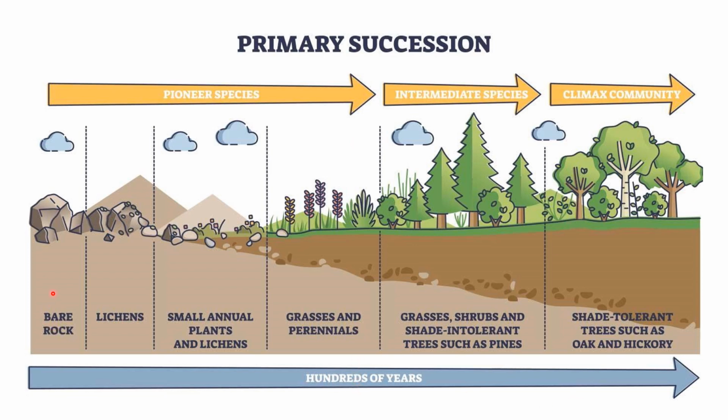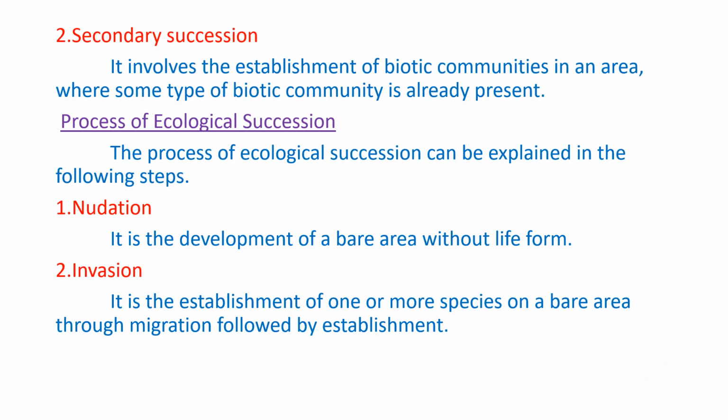The first stage is bare rock, then lichens, small annual plants and lichens, grasses and perennials, grasses, shrubs, and shade intolerant trees such as pines, and shade tolerant trees such as oak and hickory. So this is primary succession. It takes more than hundreds of years.